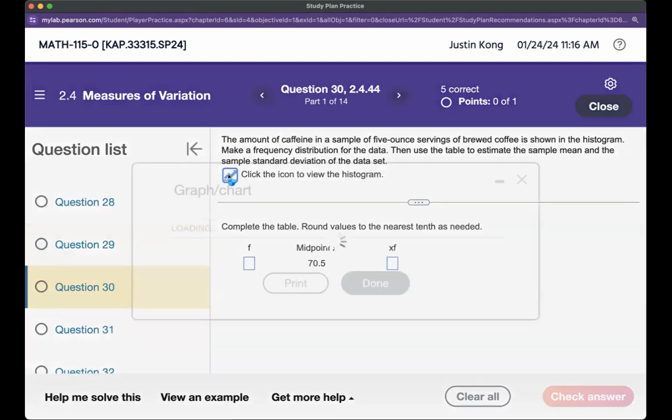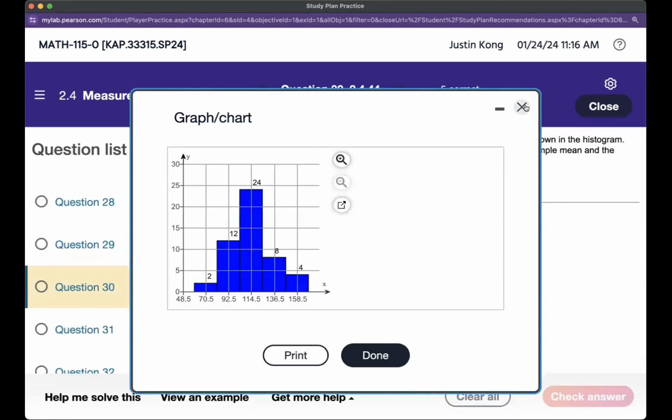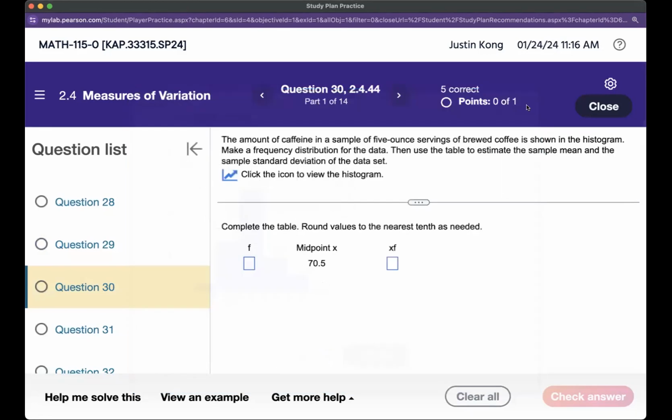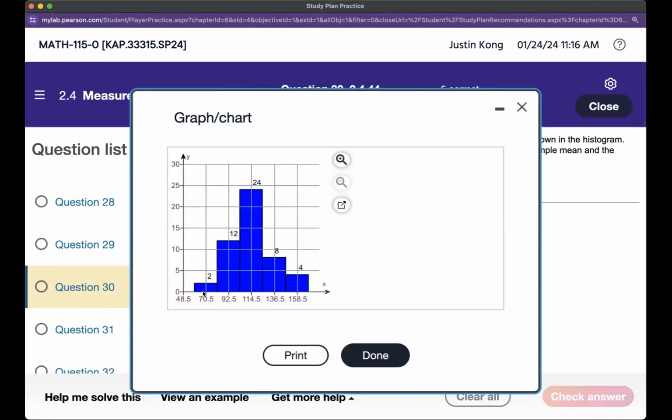Okay, so we gotta click on this to get the histogram picture. We're making a frequency distribution. 70.5 is the first midpoint, and it looks like the frequency is 2.